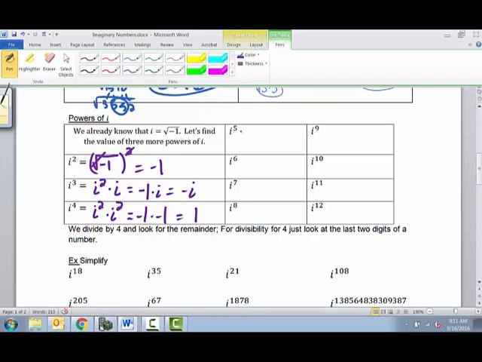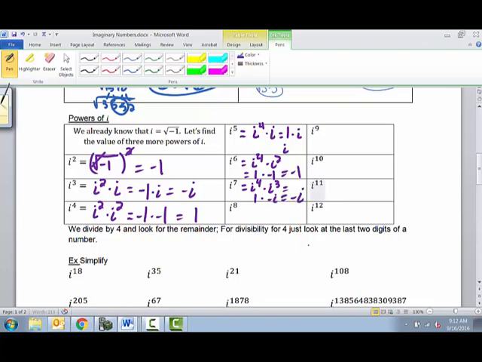Then we go up to i to the 5th. Well, we can take out i to the 4th times i. i to the 5th means 5 i's multiplied together, so I split it up into 4 and 1. Well, i to the 4th is 1 times i is just i. i to the 6th, I'm going to split up i to the 4th and i squared, which is 1 times negative 1, so it's negative 1. i to the 7th is i to the 4th times i to the 3rd. i to the 4th is 1. i to the 3rd is negative i.